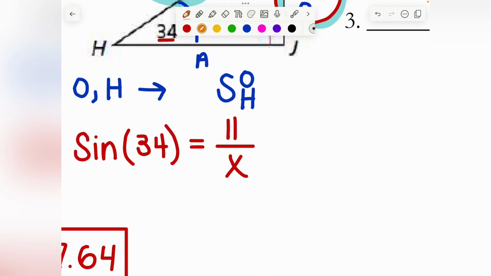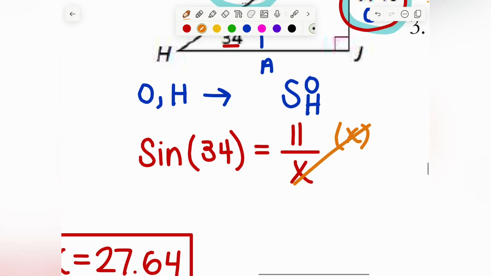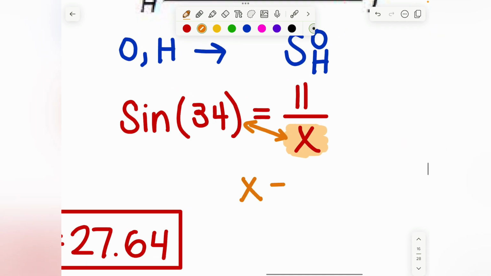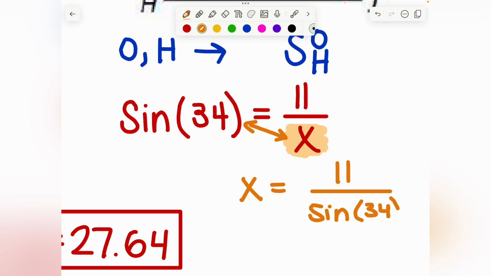We could multiply this x over to the other side and then divide by the sine of 34, but I like to use a trick for this one. Whenever the x is on the bottom, you can swap it with the sine of 34. So it looks like this: x equals 11 divided by the sine of 34.